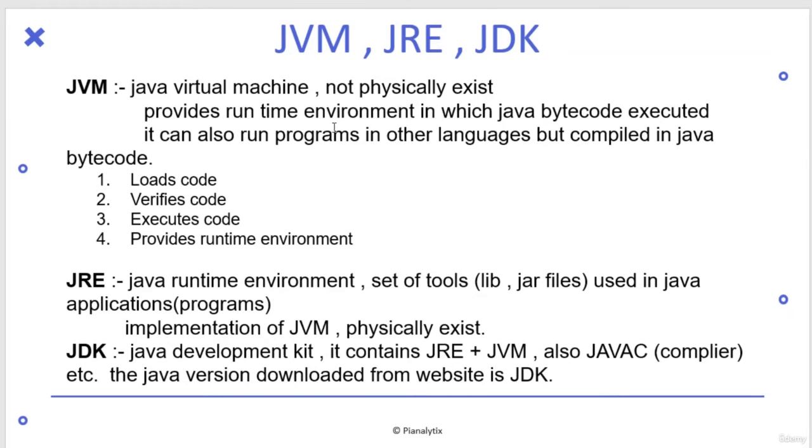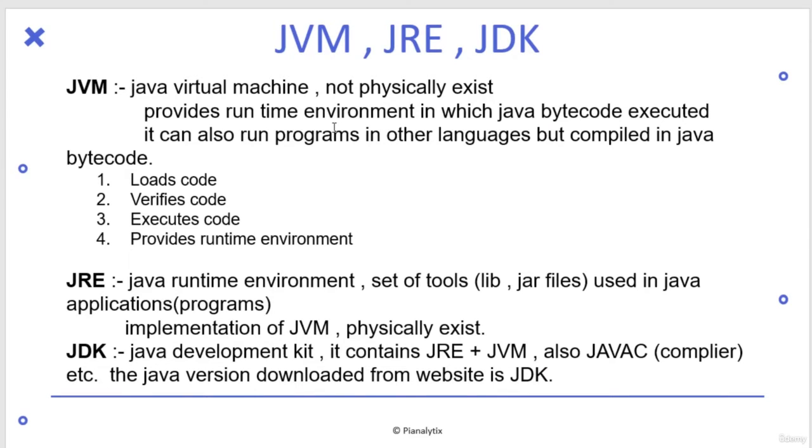The JVM is the Java Virtual Machine, as the name suggests. It does not physically exist on your system. It's a virtual machine, but its main function is to provide the runtime environment in which Java bytecode executes.